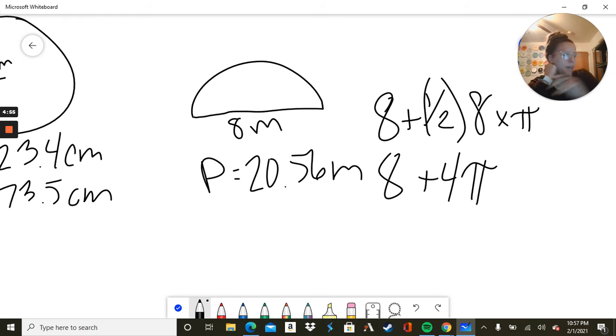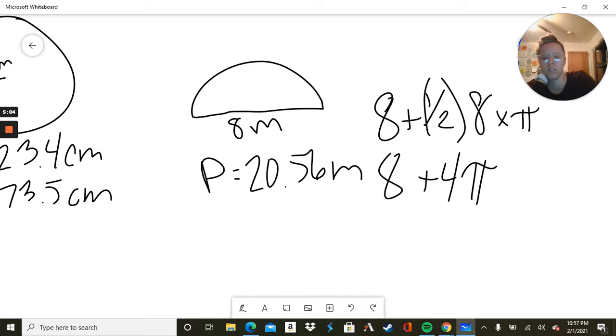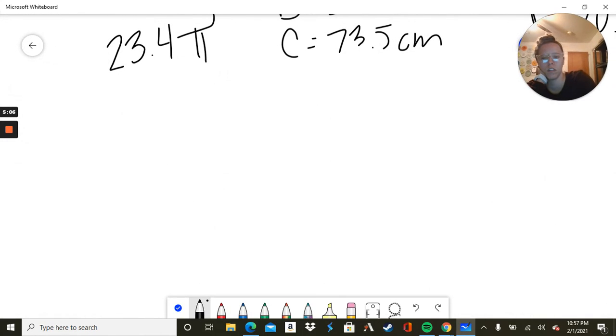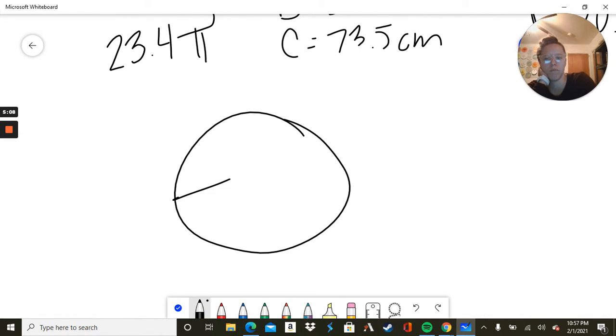Okay, let's do one more. Here, I just have to find the problem. So we have a circle with a radius of 40 feet. Let's find the diameter.